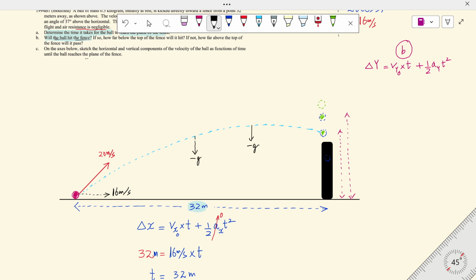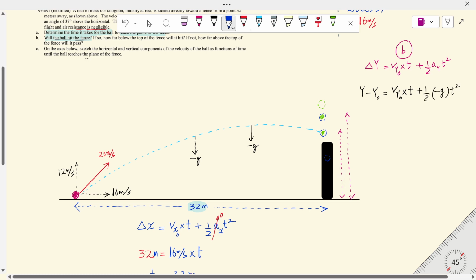So what is delta y? It is the final position minus the initial position, equal to the initial vertical velocity, which was 12 meters per second, times t, the time it took to reach the fence, plus 1/2 times negative g times t squared.